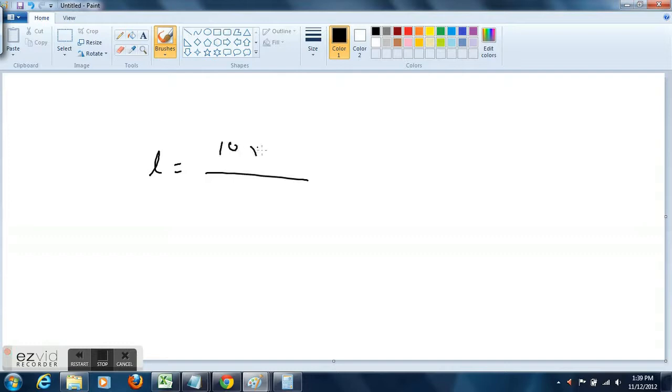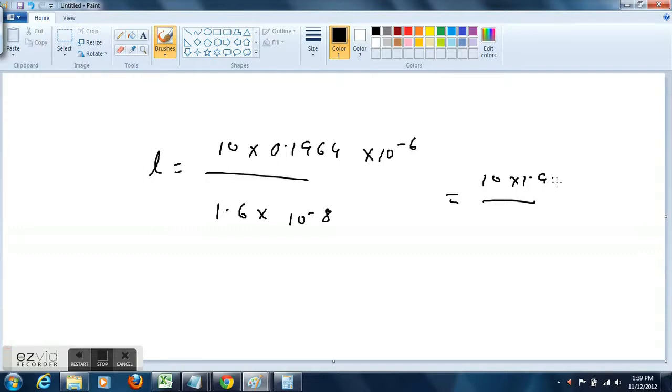So L is 10 into 0.1964 into 10 to the power minus 6 divided by 1.6 into 10 to the power minus 8, which is coming as 10 into 0.1964, in the denominator it is coming as 1.6, then 10 to the power minus 6, and 10 to the power minus 8 from denominator will become 10 to the power plus 8.